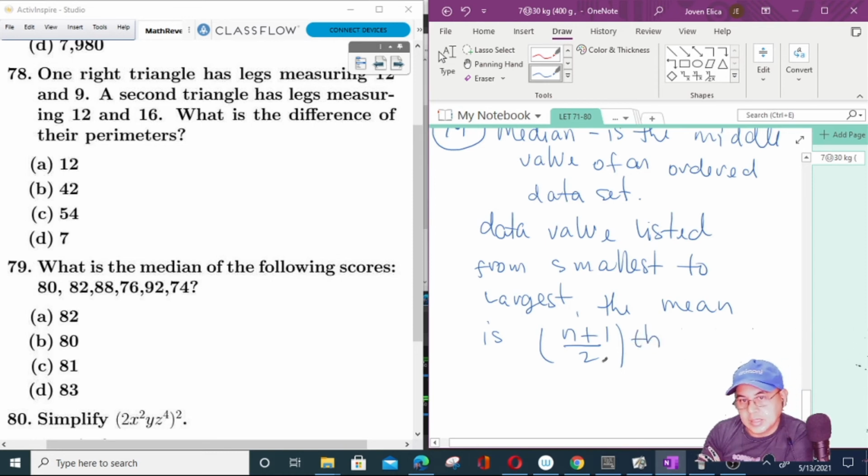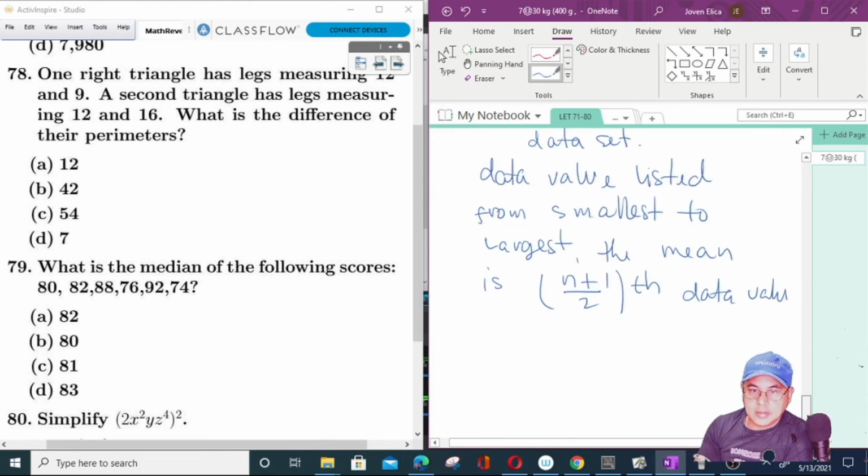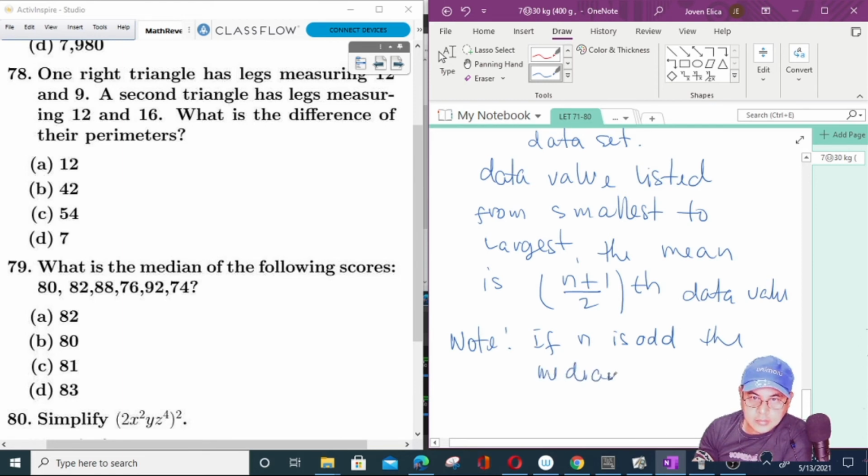So this is your reference for the middle data value. Note, if n is odd, the median order is exact.